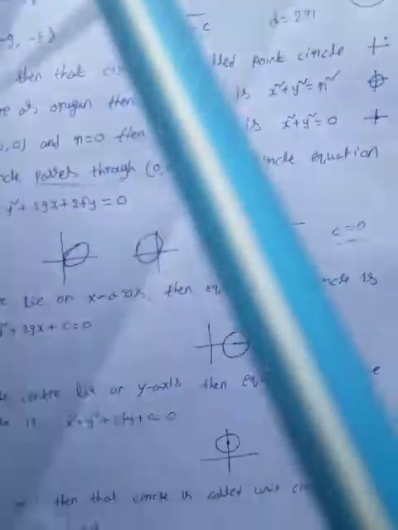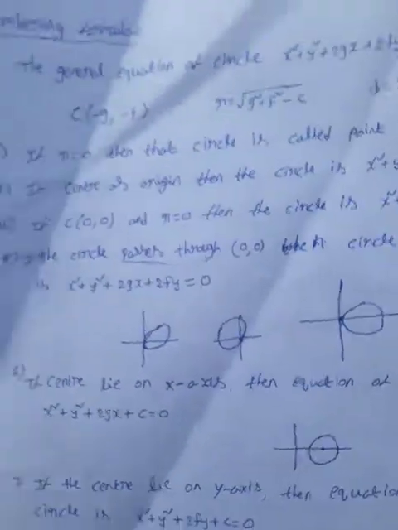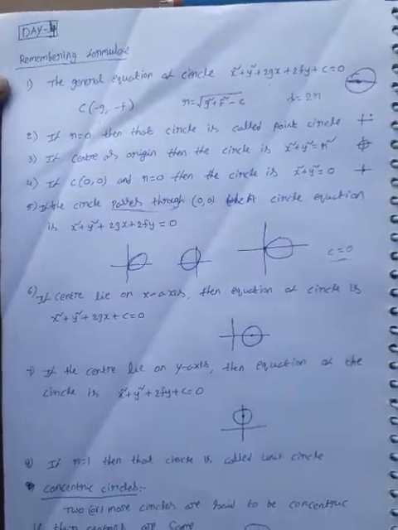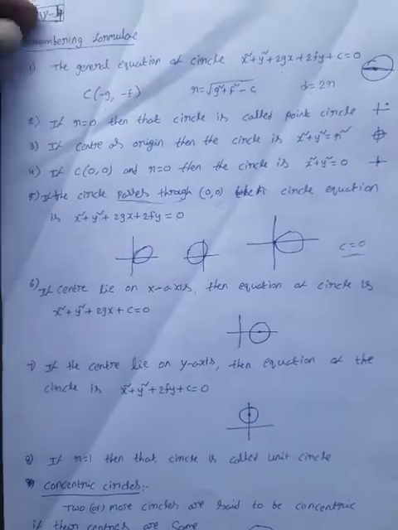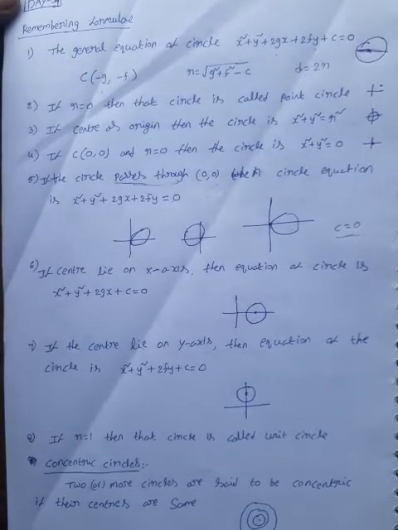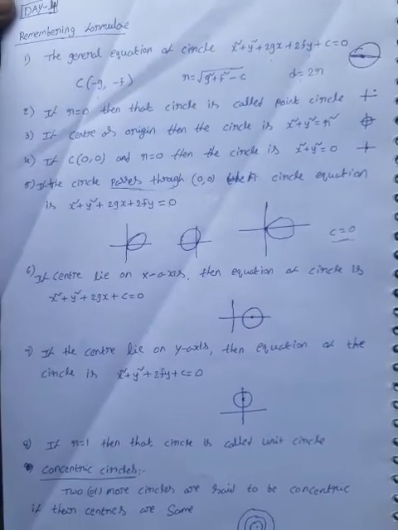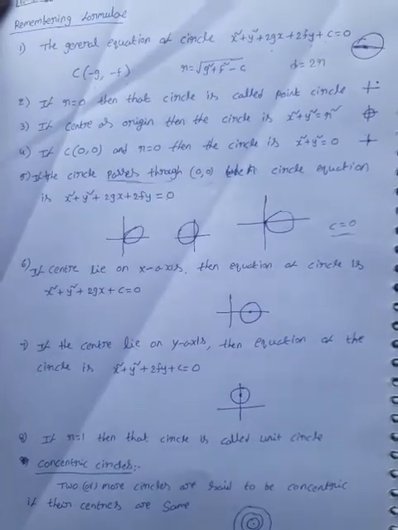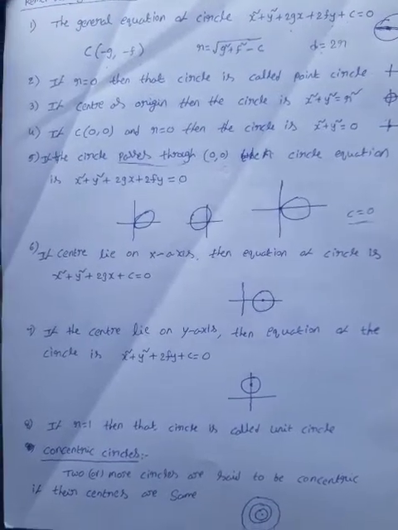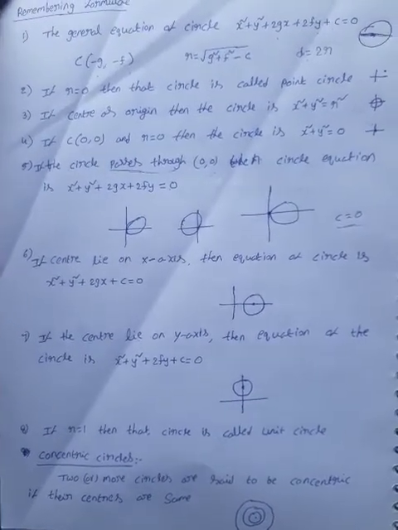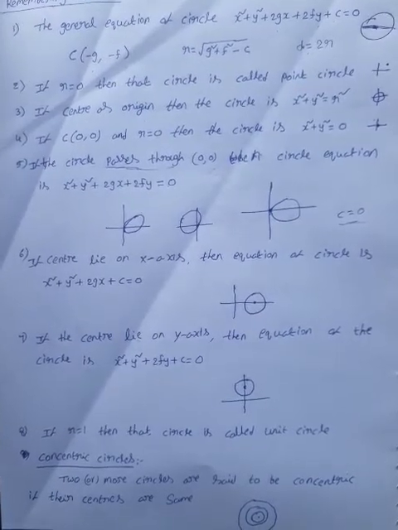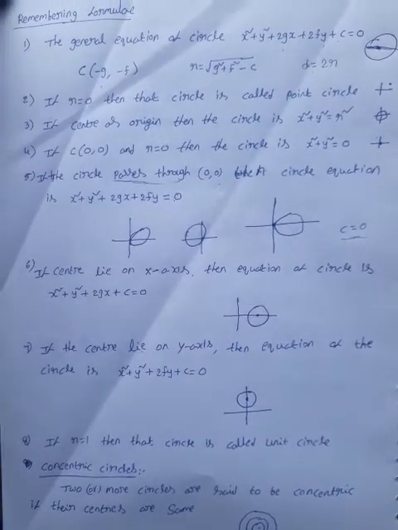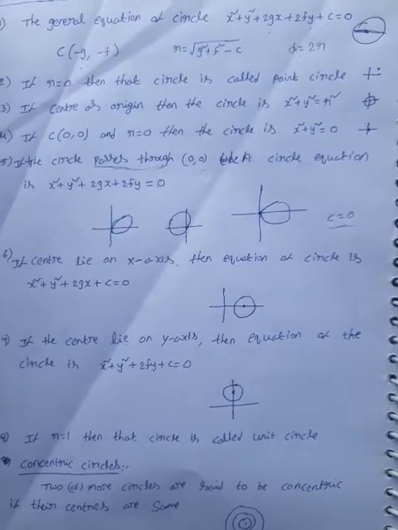Then copy these points in your classwork and remember all these formulas, and read these formulas once. In the next class we will solve the problems in circles with the help of these formulas.